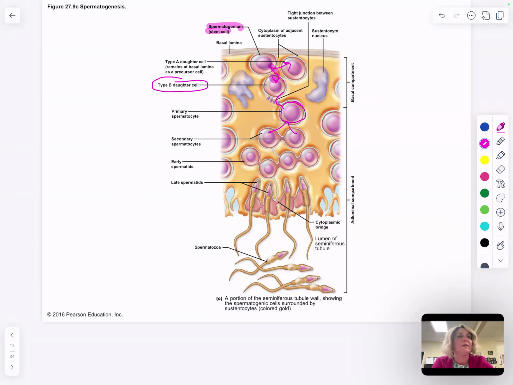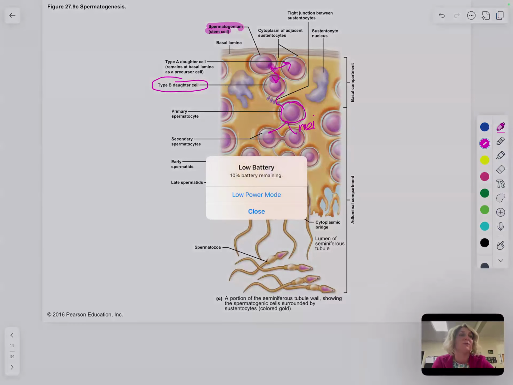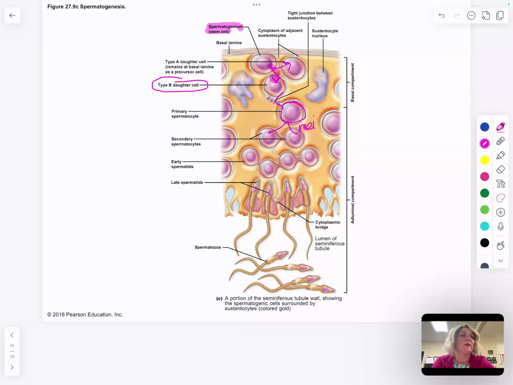And this is meiosis 1. I probably shouldn't be using pink, but this is meiosis 1, and then they divide again to form with meiosis 2, and then those early spermatids eventually develop into the sperm, where they are now able to swim away.